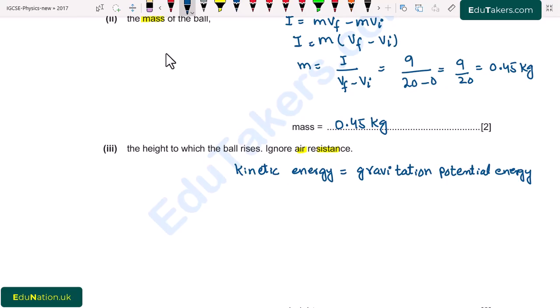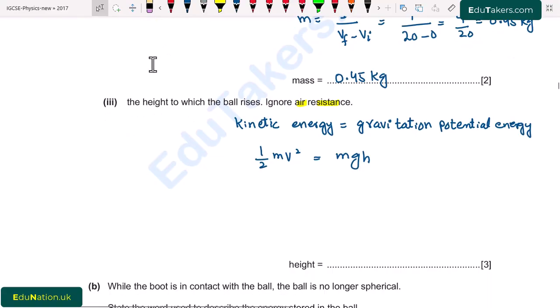We know the formula of kinetic energy is equal to half mv square and gravitational potential energy is equal to mgh, where m is mass, g is acceleration due to gravity and h is height. We have to find out the value of h. This m cancels by this, so height comes to be v square over 2g.